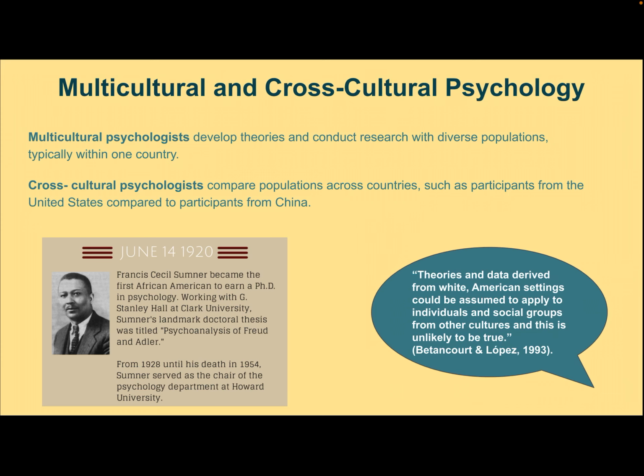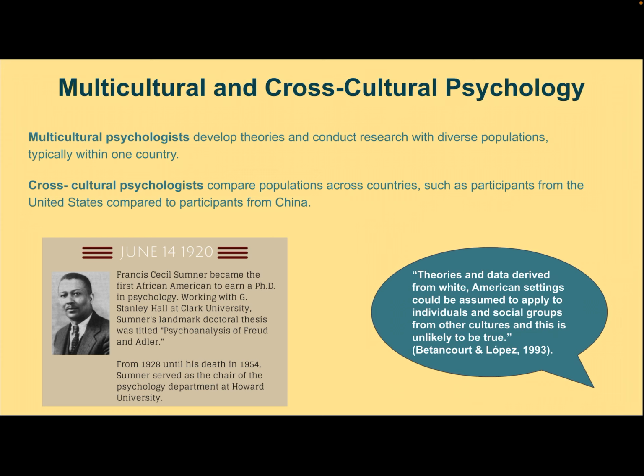Multicultural is in one country, but you're looking at people from different ethnicities or races or countries. Whereas cross-cultural psychology is comparing populations who live in different countries. So they're not different cultures living in the same country, they're living in completely different countries.